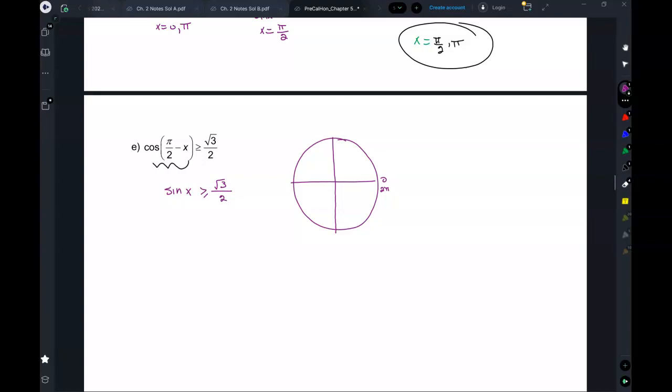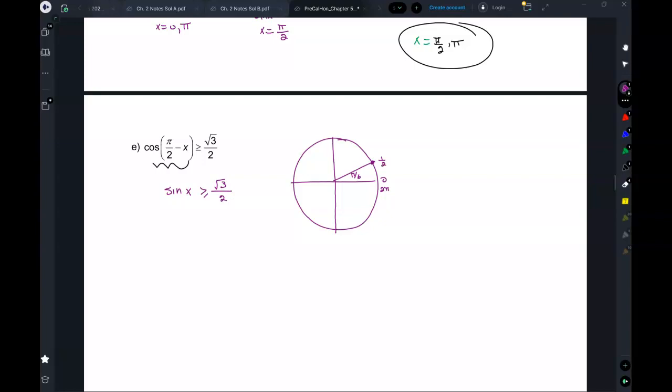When I'm here, what's the y value? 1. When I'm here, what's the y value? -1. So I want the angles for which the y value is greater than or equal to root 3 over 2. When I'm here at pi over 6, what's the y value? 1/2.